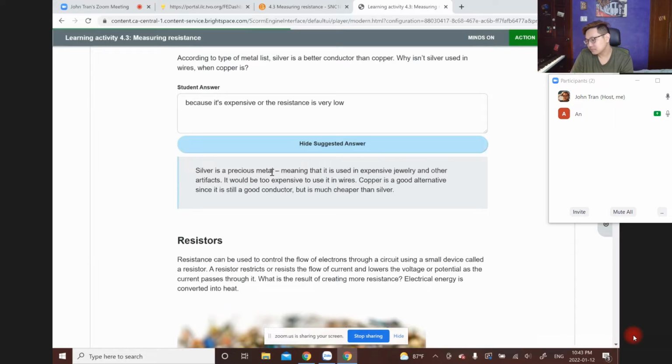That's the thing. For that little increase in conductance and that much increase in price, it's not feasible. It's not a viable option. It's not cost effective. So that's why we use copper instead of silver.